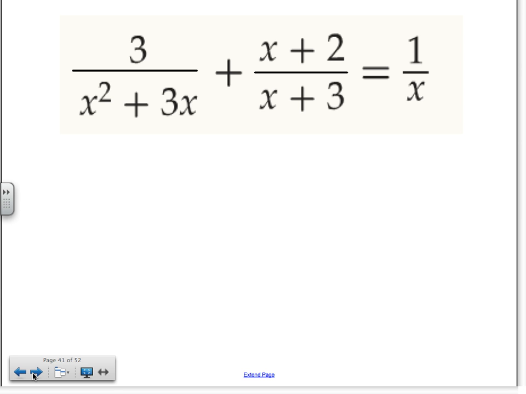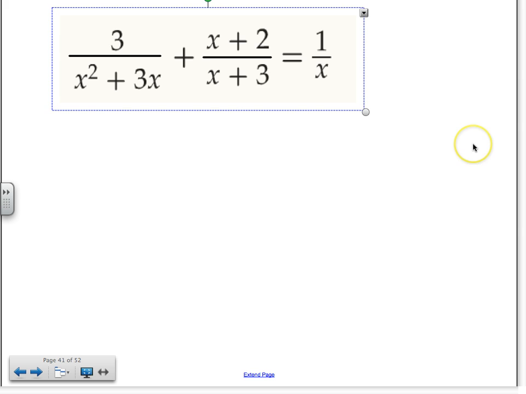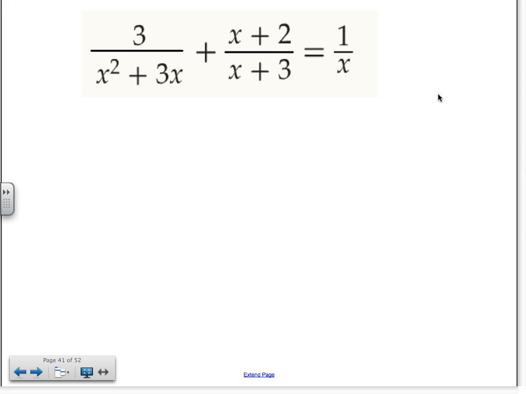This is multiple terms, so you gotta have a good look at it before you say, yeah, this is my LCD. X plus 3. What is the LCD? Or at least you describe to me what steps you're gonna take to get it prepped. Factor everything. X squared. Factor.